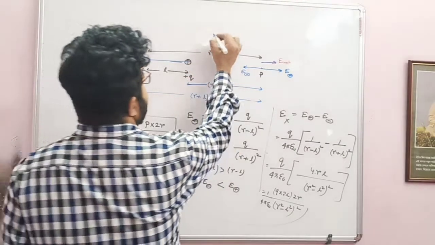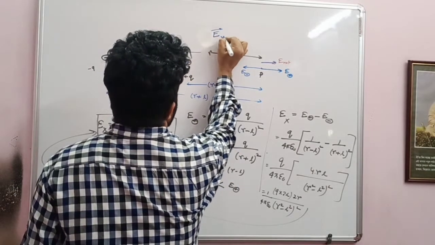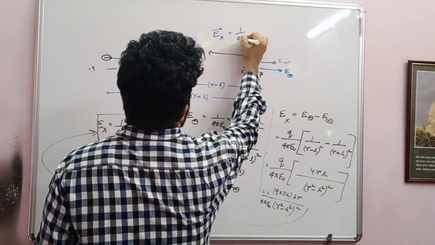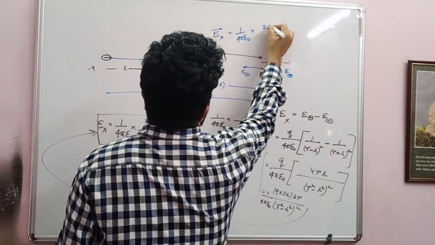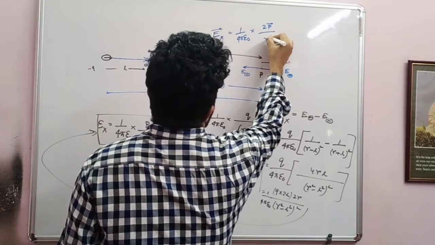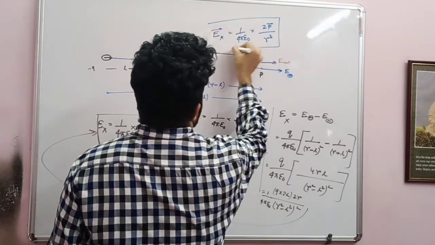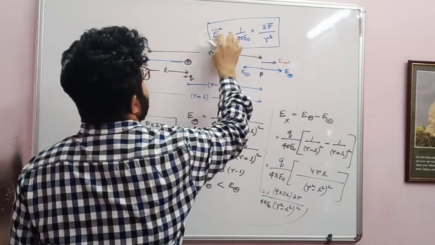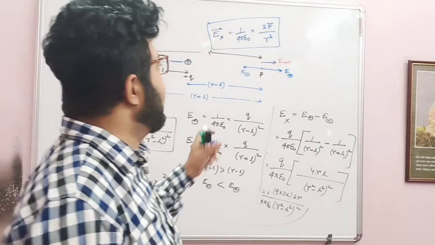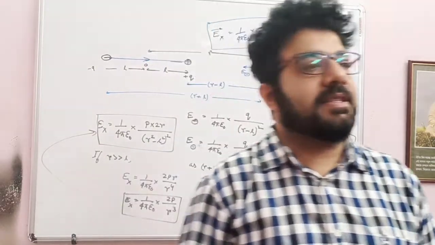In the NCERT book, they write it this way: 1 by 4 pi epsilon naught, 2P by r cube. This vector and this vector are in the same direction, meaning the electric dipole and electric field are in the same direction.